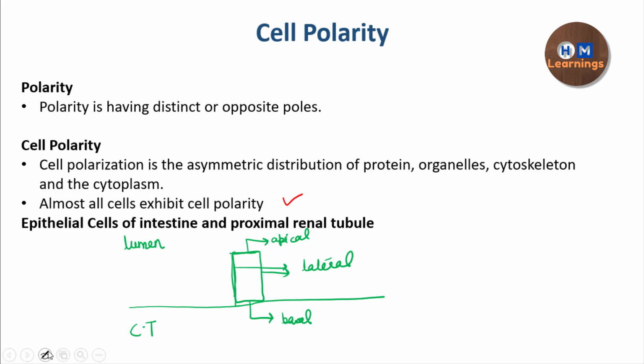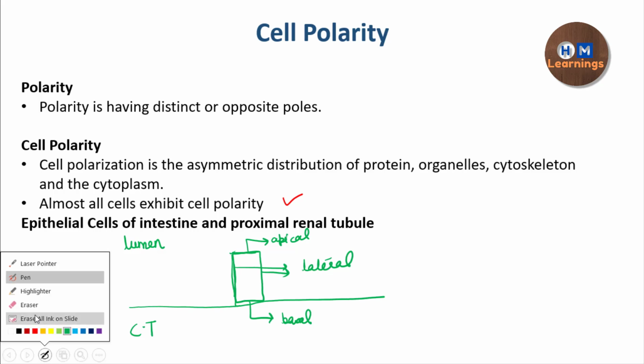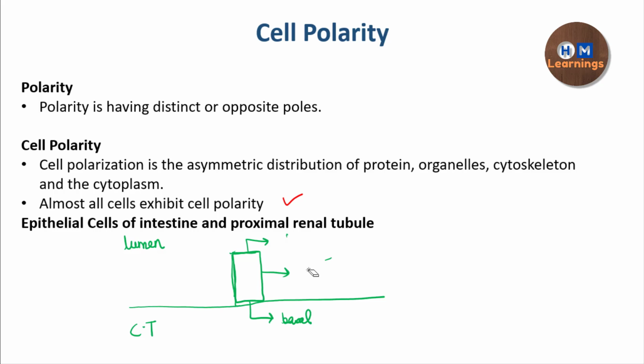Now I have drawn a single epithelial cell, and I will draw many epithelial cells to understand the structure of the epithelial cell. So we have another epithelial cell also, like this is one epithelial cell, this is another, and this is again another.